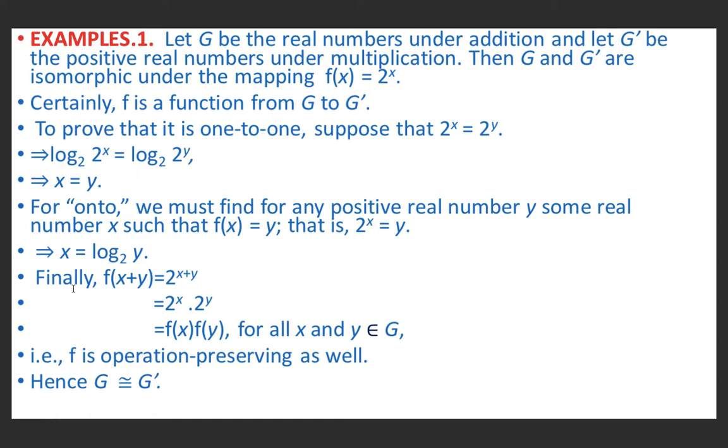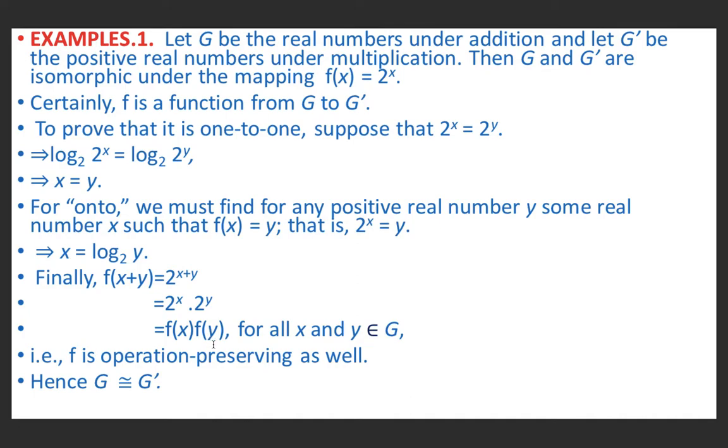Now finally we will show that f is operation preserving. Let's see, f(x + y) is equal to 2^(x+y). 2^(x+y) can be written as 2^x times 2^y. 2^x is nothing but f(x), and 2^y is f(y), replacing x by y.